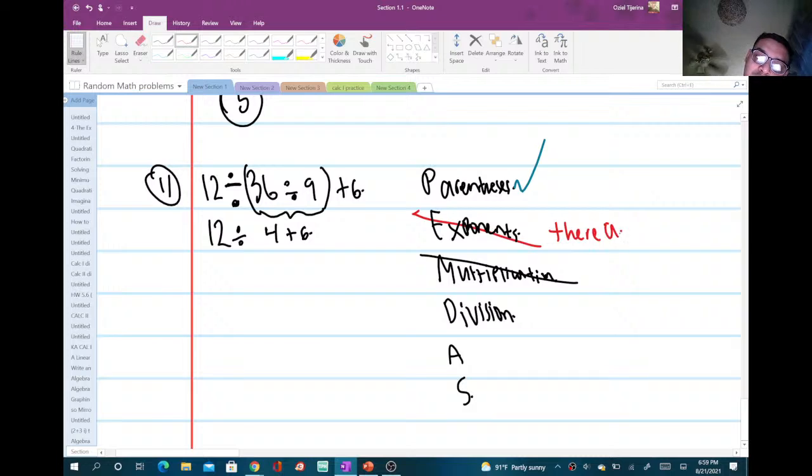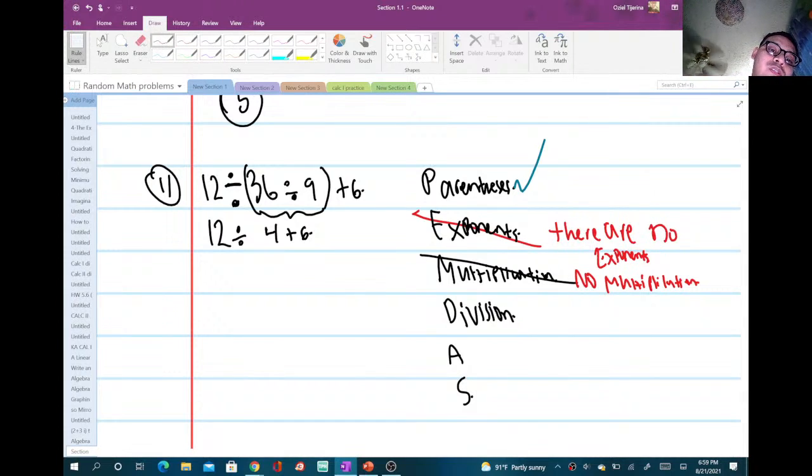And then division, we're literally doing division, so division is 12 divided by 4. 12 divided by 4 is 3, and then plus 6, so 3 plus 6 is 9. That would be our answer there.